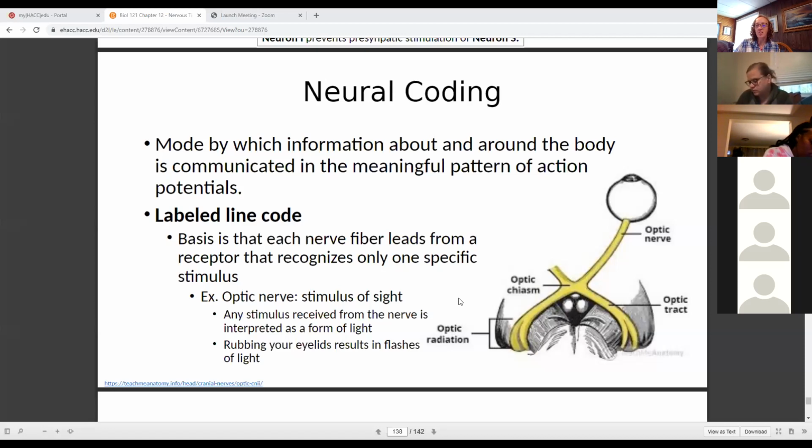So you're activating those receptors, but you're doing it in a form that they don't really know how to comprehend. That's pretty cool.